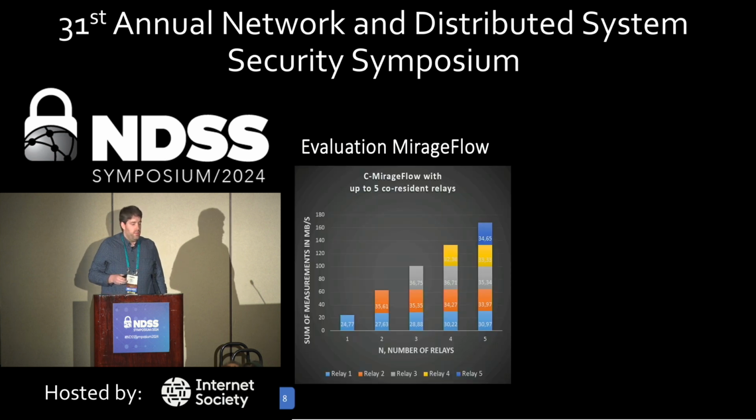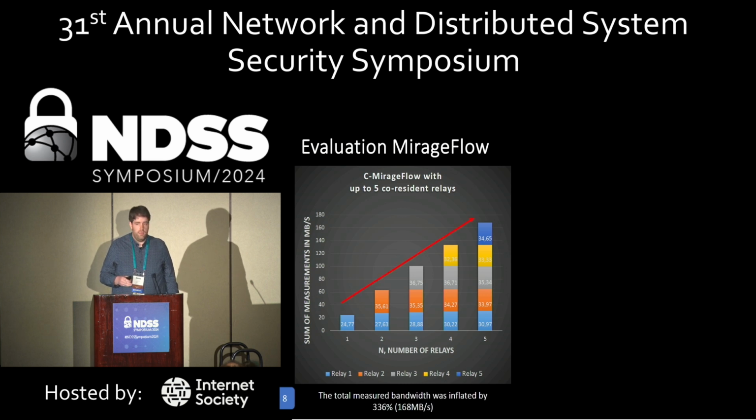For C-MirageFlow, we used a co-residing server with 5 relays, and we consecutively add new relays to our server. We can see that the inflation increases with the number of relays within our co-resident server, and in total, in our test setup, we achieved over 300% bandwidth inflation.